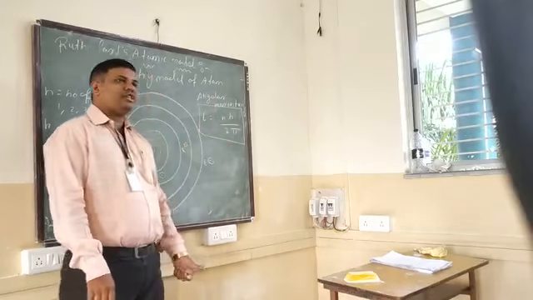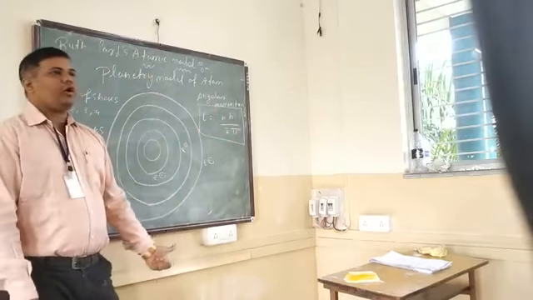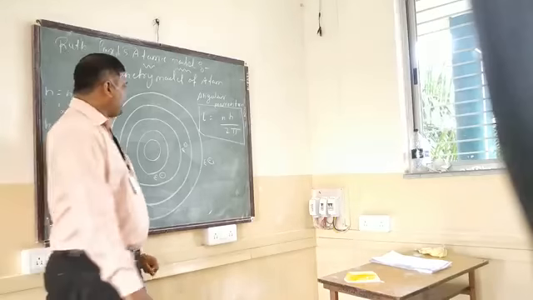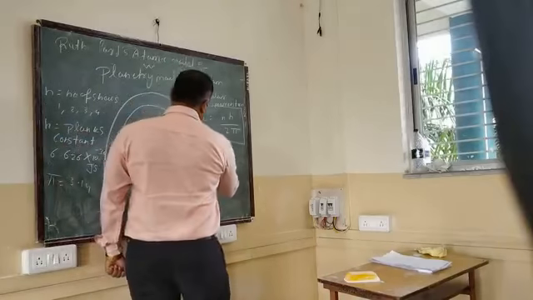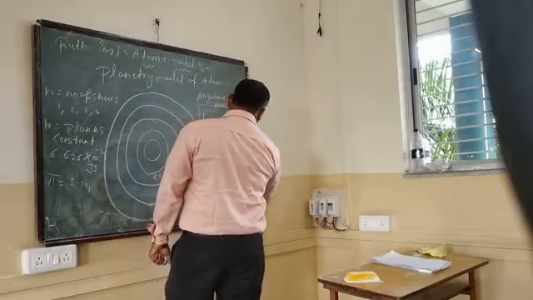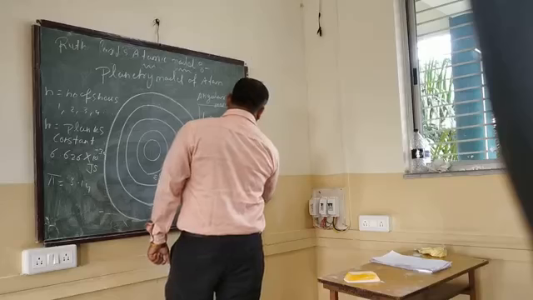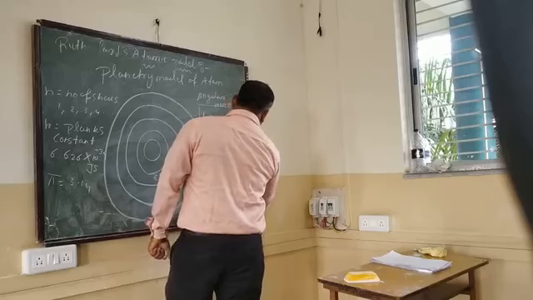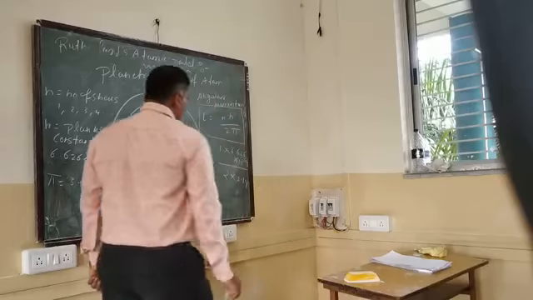So, for different shells or different orbits, we have different angular momentum, right? For example, for the first shell, the angular momentum will be 1 into 6.626 into 10 raised to minus 34 divided by 2 into 3.14. Right?